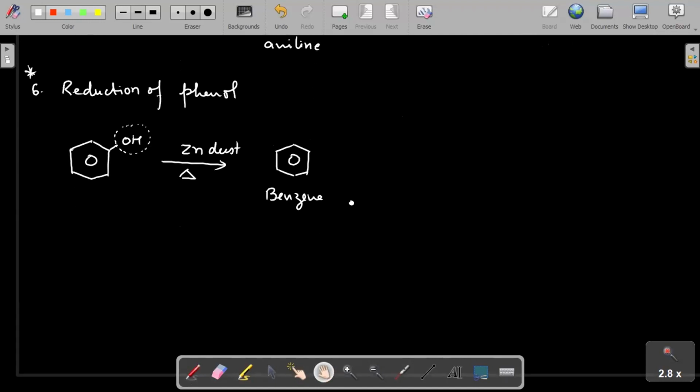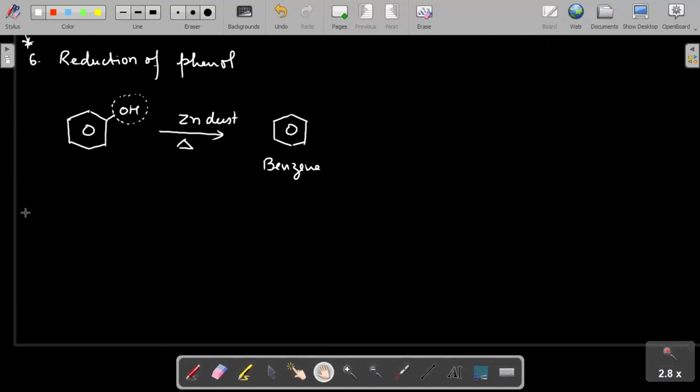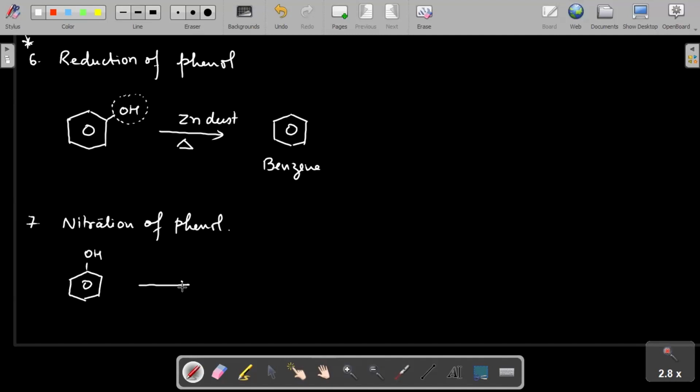Remember, phenol and nitration. Nitration of phenol, we need a nitrating agent. The nitrating agent is our classical nitrating agent, that is nitric acid.